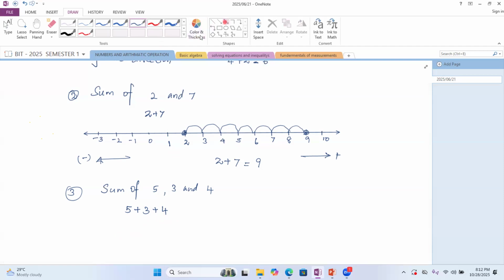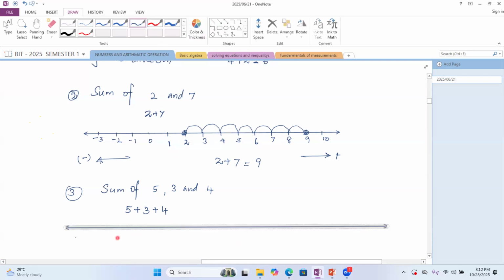So first we draw the number line. Right?